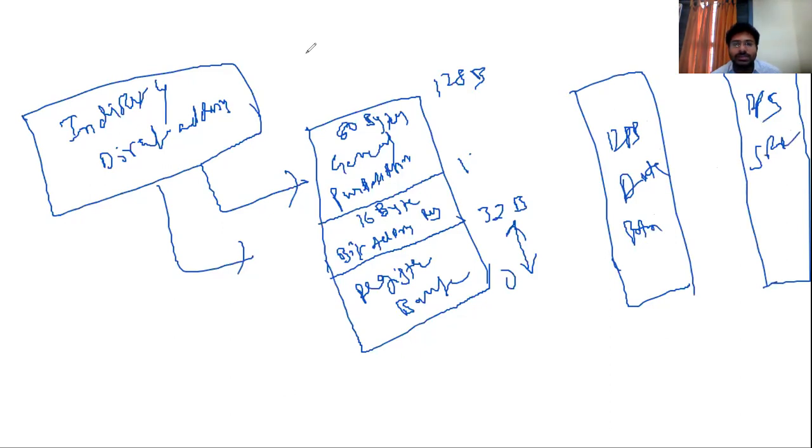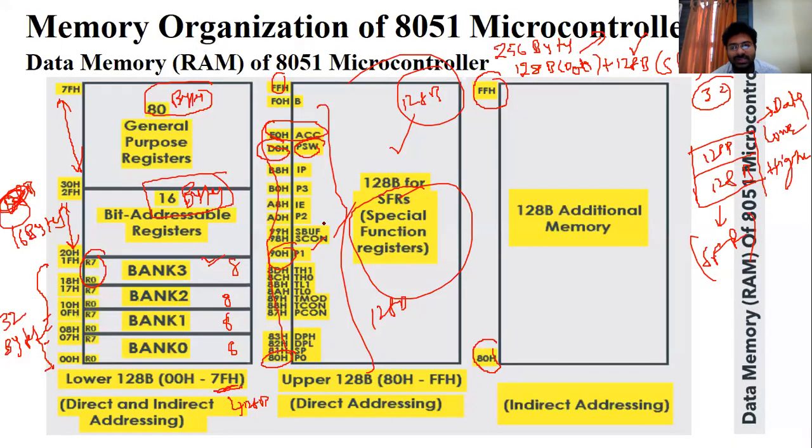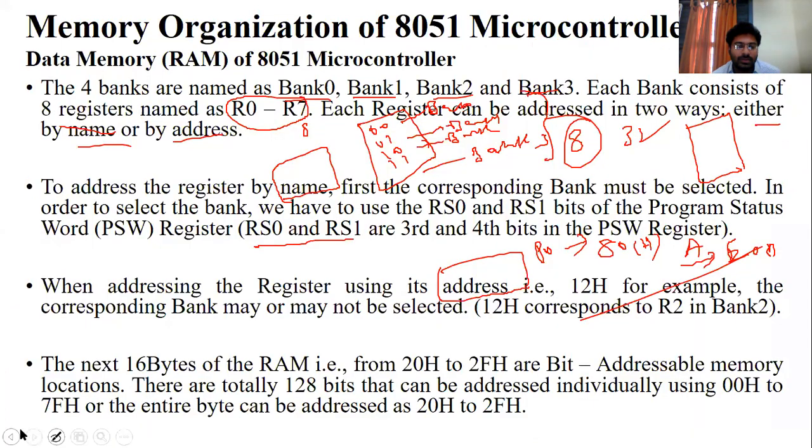Okay, see this once again. These are the SFRs, special function registers. This is the additional memory for indirect addressing. We are using the additional 128 bytes of memory. 16 bytes of address space are used for the bit addressable memory locations.